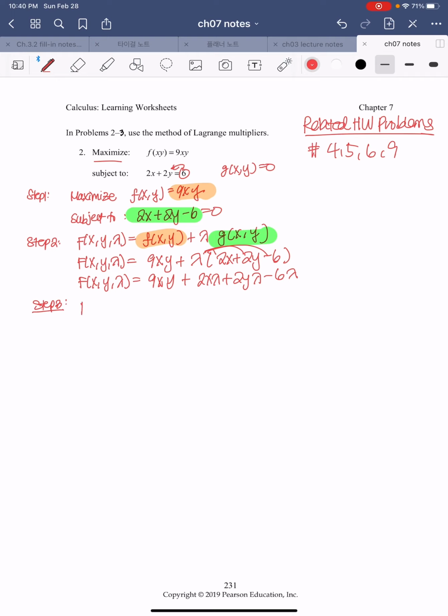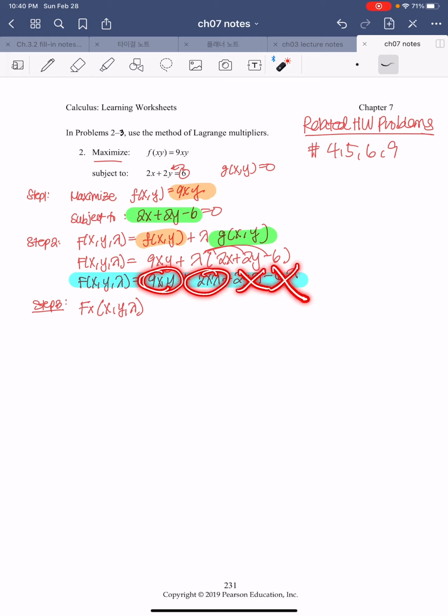So f of x, I'm looking at this equation over here and taking the derivative in terms of x. I am particularly looking at the terms with the x variable, this one and this one. The other two will disappear because they're constant. 9xy, remember y is also constant, so in a sense you have 9y times x.